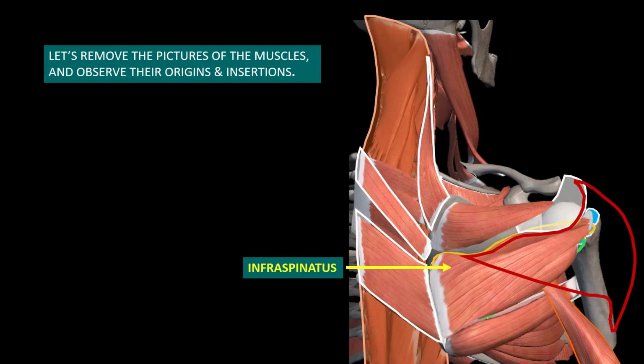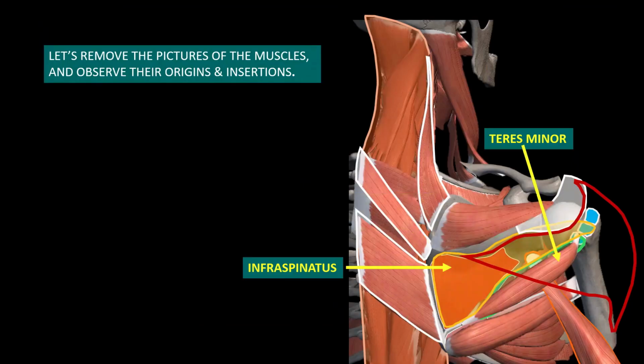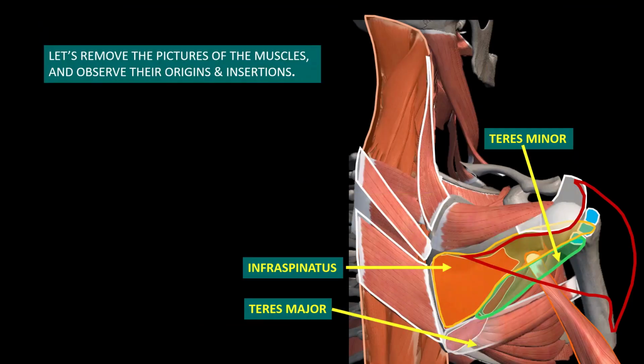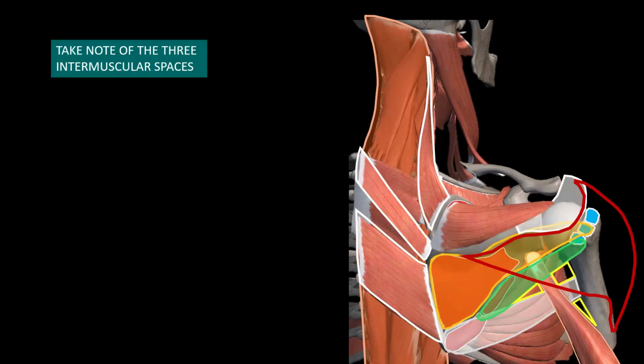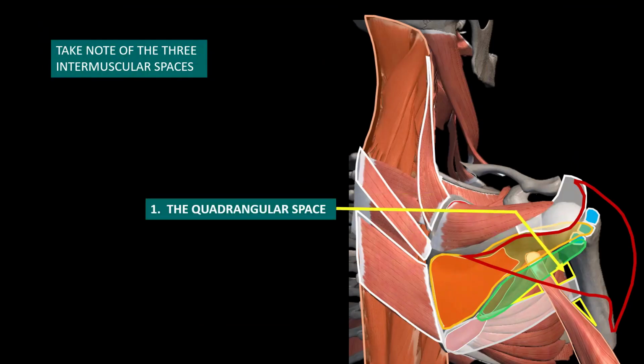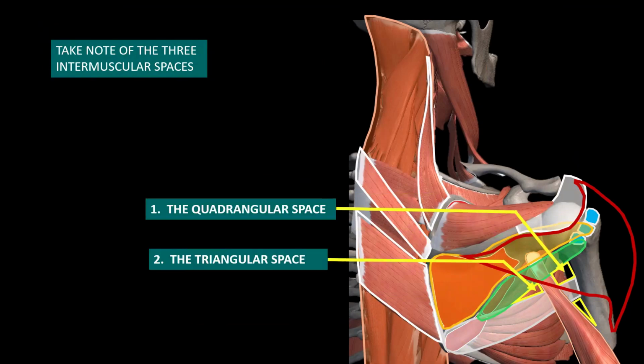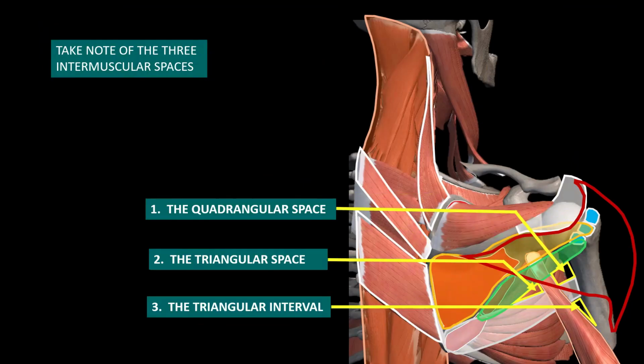The infraspinatus, the teres minor, the teres major. Take note of the 3 intermuscular spaces seen in the dorsal region of the scapula. 1, the quadrangular space. 2, the triangular space. 3, the triangular interval.